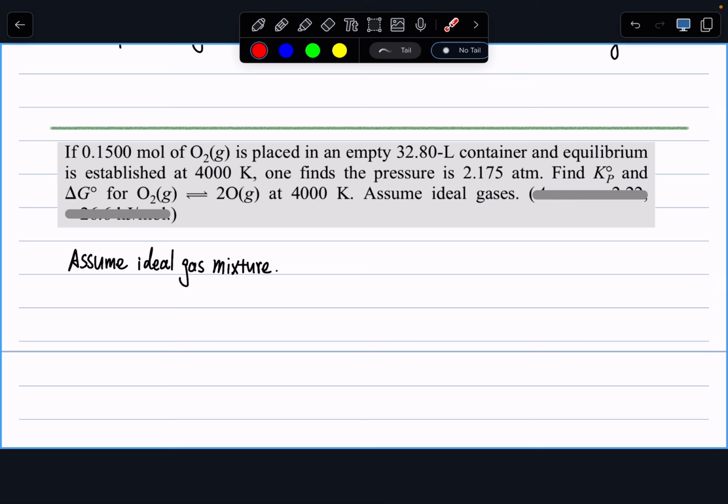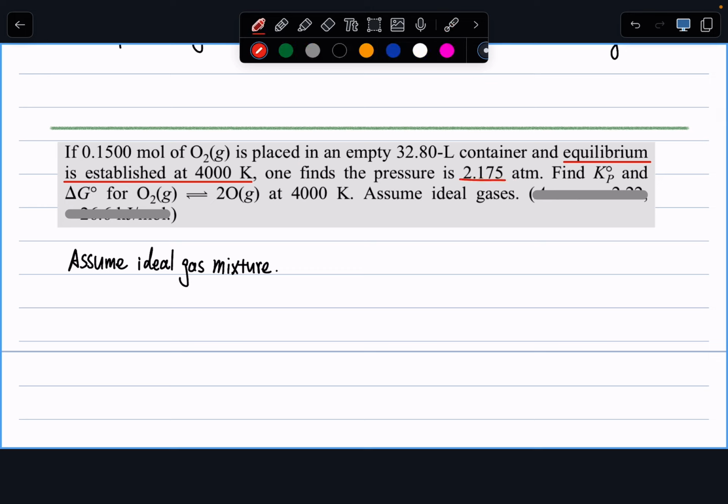We have an initial number of moles of O2 gas placed in an empty 32.8 liter container, so the volume is set, and equilibrium is established at 4,000 K. Then we find the pressure is 2.175 atm.